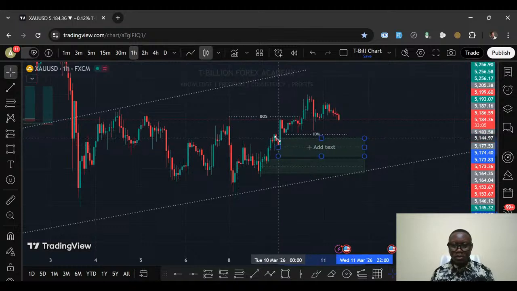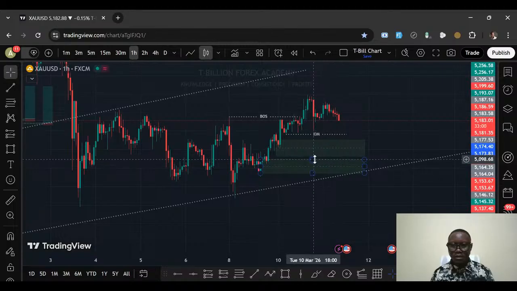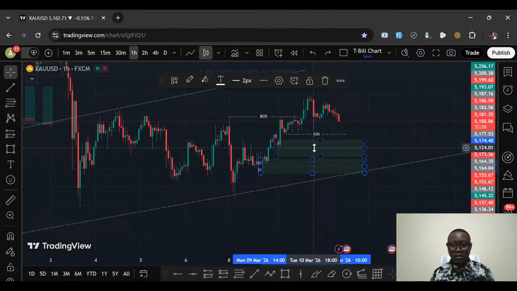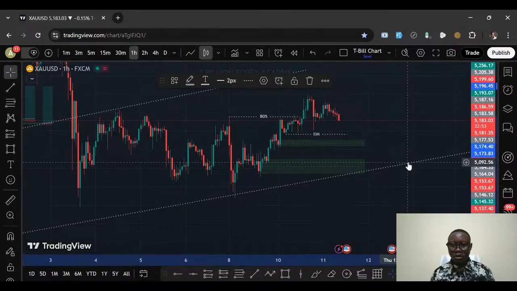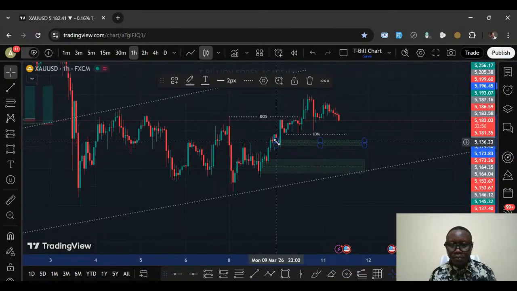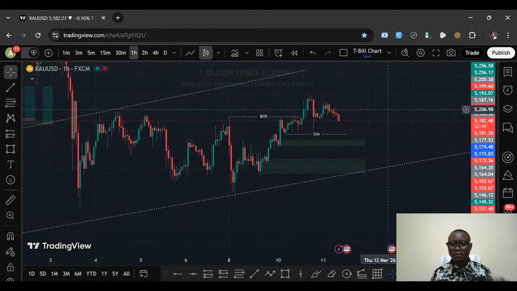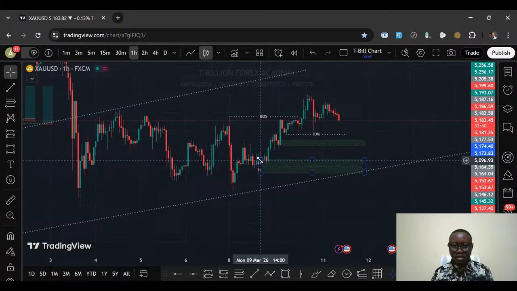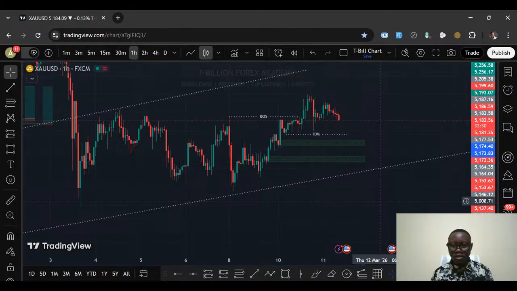So we have this other block right here. Now we also have this other block right here.